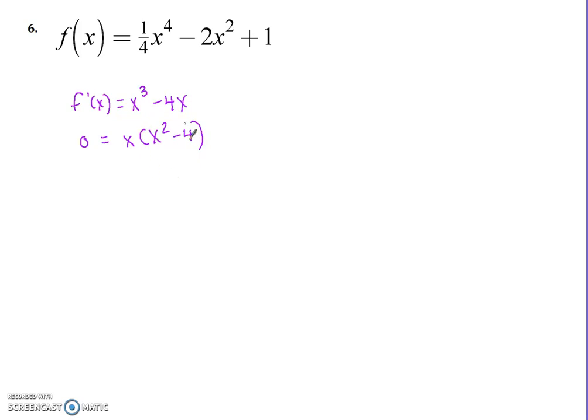Then this part right here, you can either solve it using square roots, or if this number is a perfect square, I just factor it with a difference of squares. But if you solve it using square roots, you're still going to alternate at the +2 and the -2 when you take the square root, because the squared isn't outside the parenthesis.